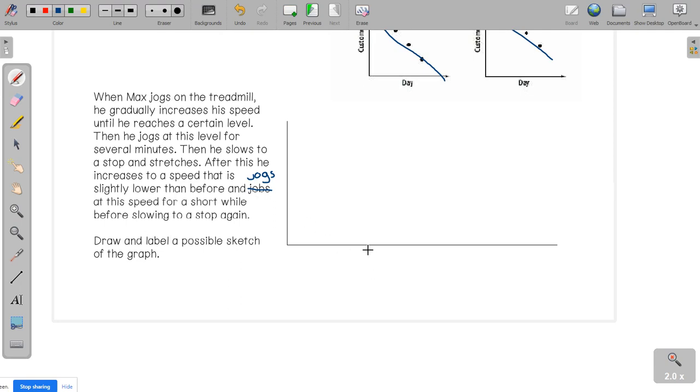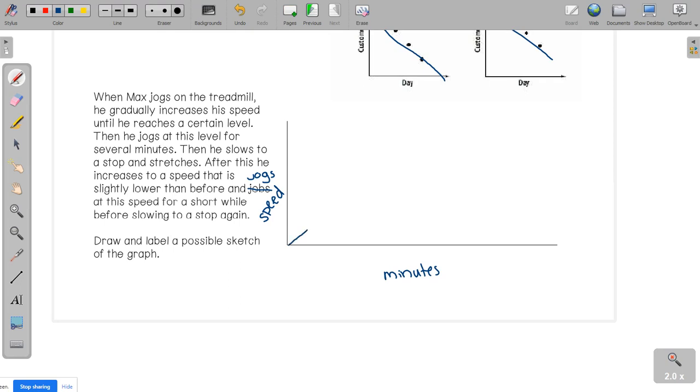So let's label our axes first. We are measuring amount of time, so minutes would go on the bottom. And speed would be our y-axis. So when Max jogs on the treadmill, he gradually increases his speed.